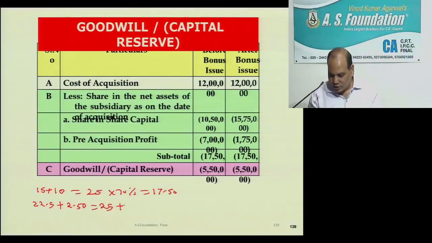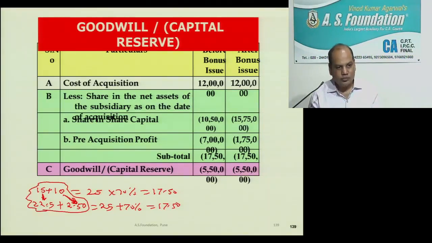Again 25 lakh, again 70%, so again the answer will be the same, 17.5 lakh. When the increase in share capital and the deduction in pre-acquisition reserve are the same, the answer will also be the same. Is it right?